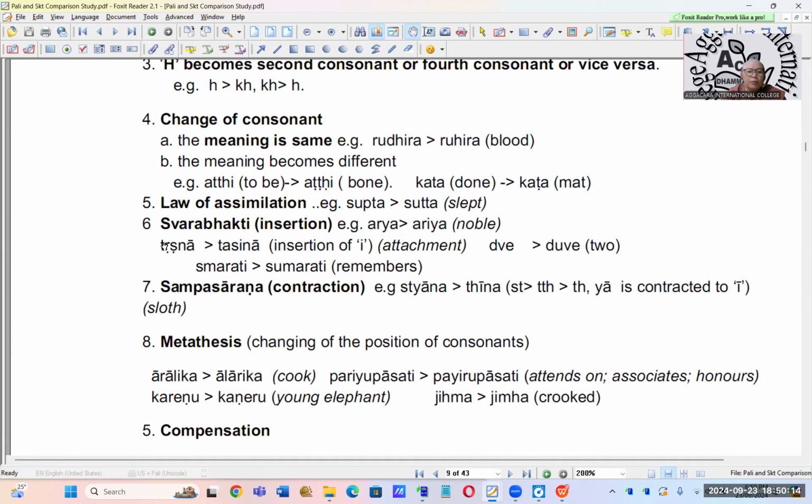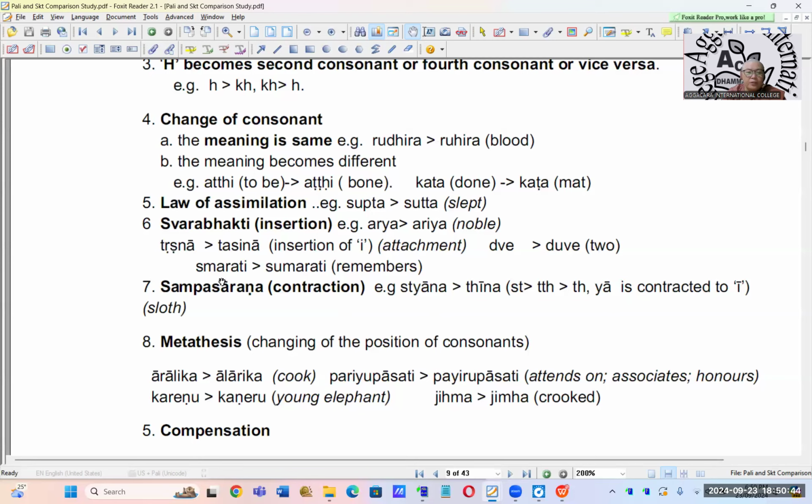Tarishina. So R dot change it to ta. S and N with the insertion I. So it called Tasina. Tasina actually is much more natural language attachment. Or due, put a U, dua. Like due. Due actually, when we look at it, it sounds like Malay word dua, D-U-A, right? There is Sanskrit Samarati, sent to Sumarati. Okay.